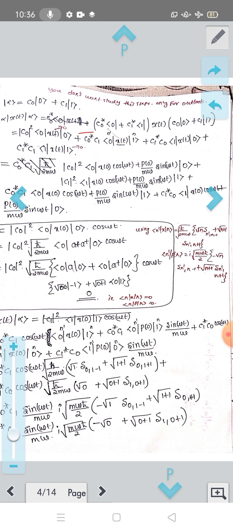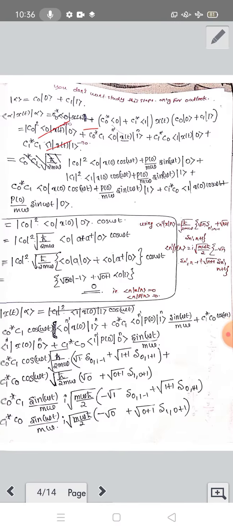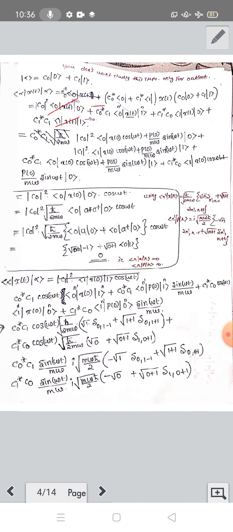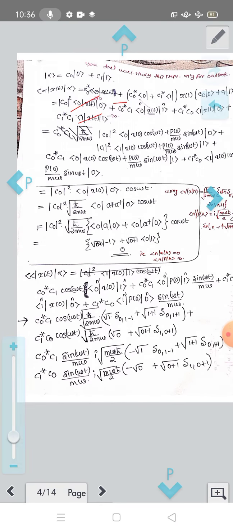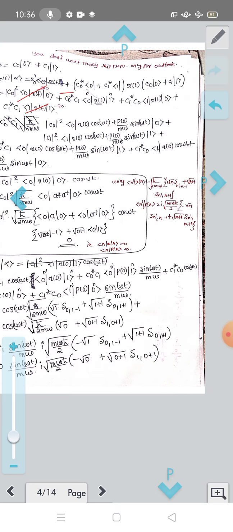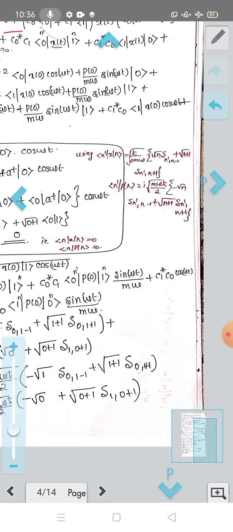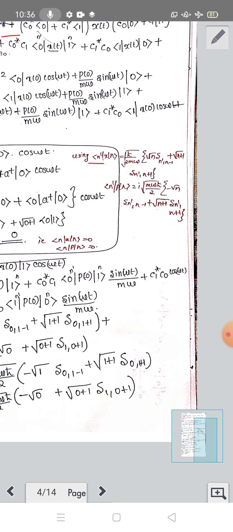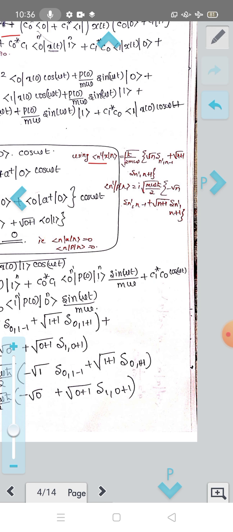Here the bra 0 x ket 0 and bra 1 x ket 0 terms become 0 because we have this relation. Look at this equation: the matrix element bra n prime x ket n.